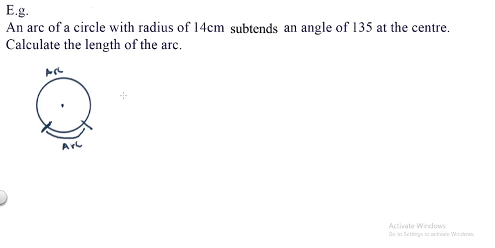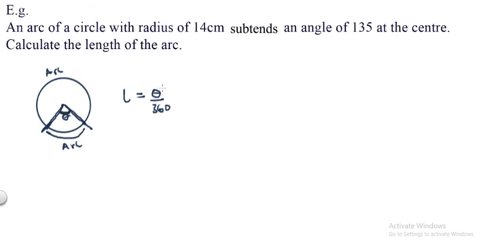So for the length of an arc, which we normally refer to as L, the formula involves theta over 360. Why is it theta? Because theta tells us the fraction of this arc to the entire circle. For example, if you have a pizza and you slice it into parts, theta tells you how much of the pizza was cut out.